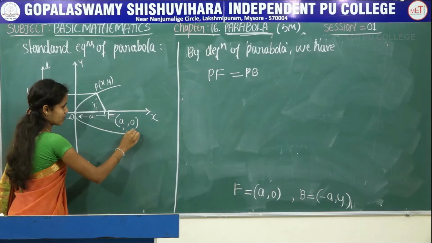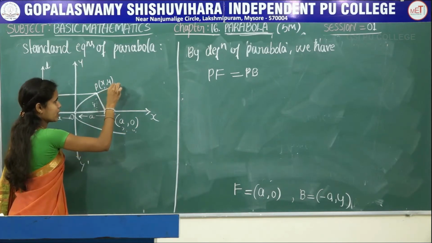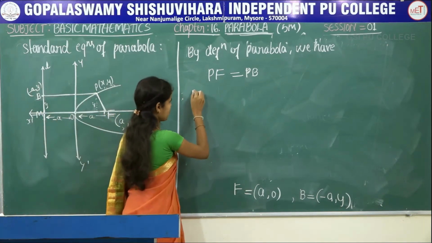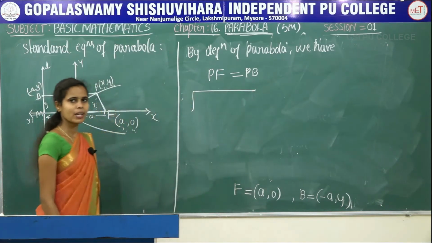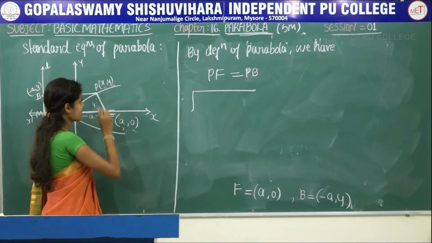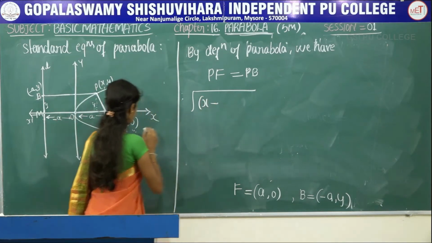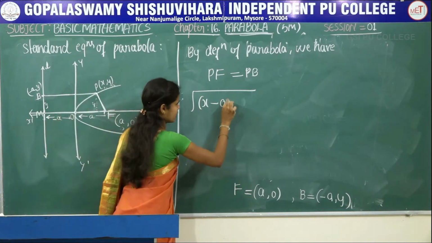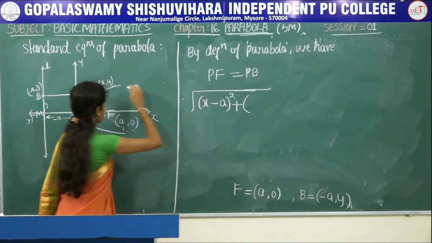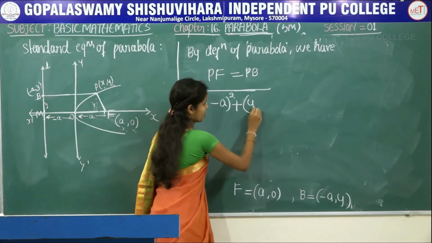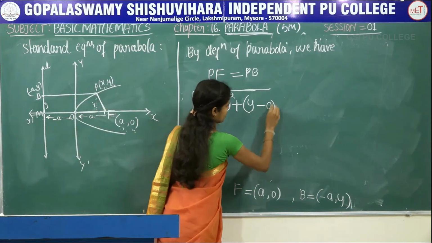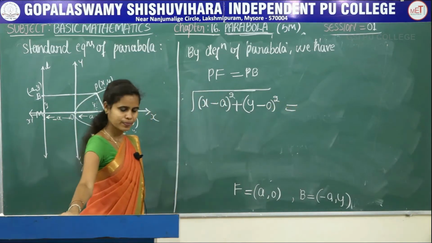Consider this is x1, y1 and this is x2, y2. The distance formula is the square root of x2 minus x1 whole square plus y2 minus y1 whole square. So x2 means x, x1 means a, and y2 means y, y1 is here 0. So PF is the square root of x minus a whole square plus y minus 0 whole square.